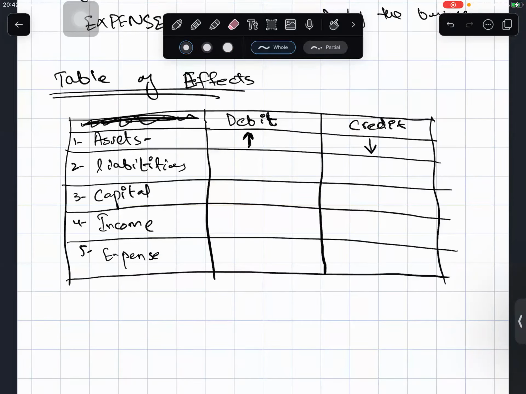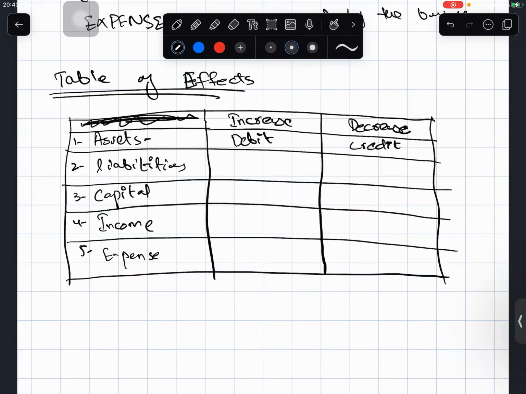In fact, let me just erase this and we can shift it a little bit so that it's easier for you to understand. Let's just say increase here and decrease in this column. So whenever an asset account is increasing, you are going to debit that account. Whenever an asset account is decreasing, you are going to credit that account.